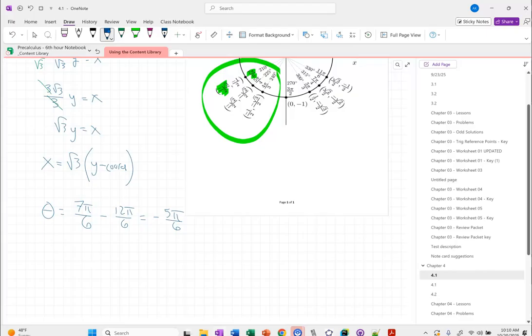What do I have to do then? You have to subtract 2 pi again. I have to subtract it again. And negative 17 pi over 6, that's like negative 2.8. Still not there. What do I do? Subtract it again.